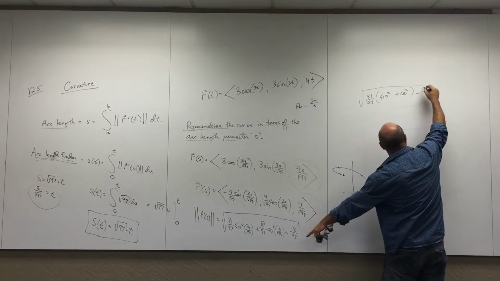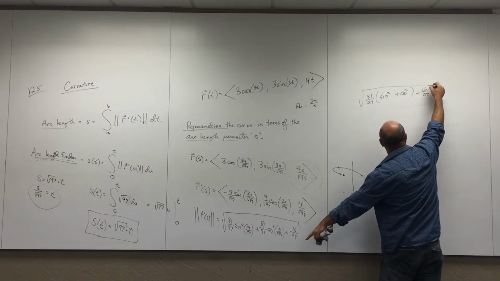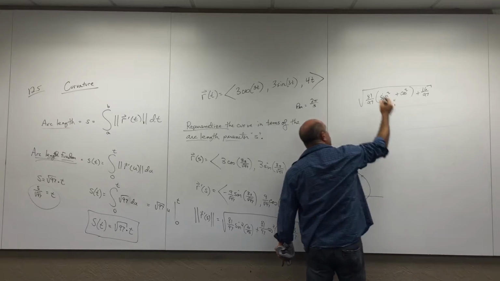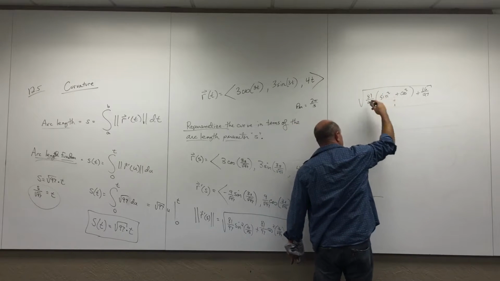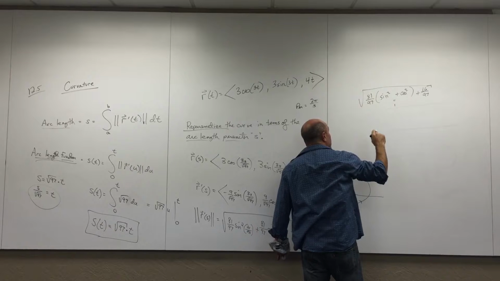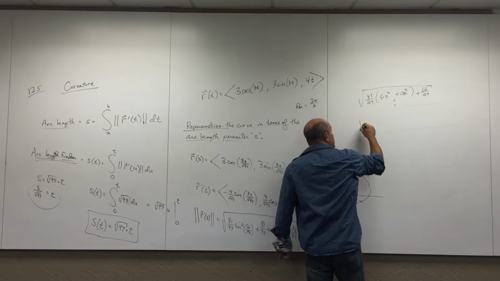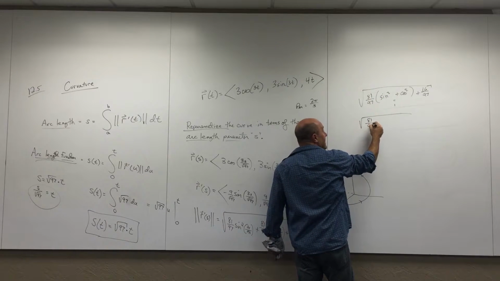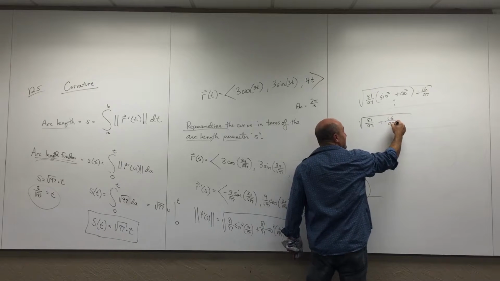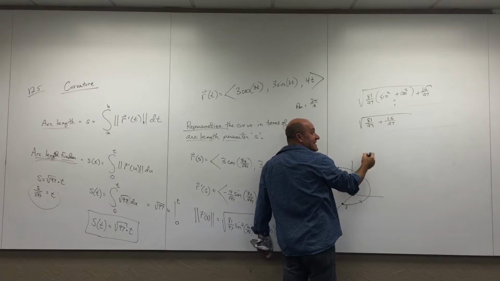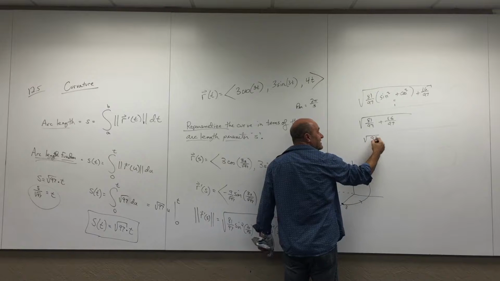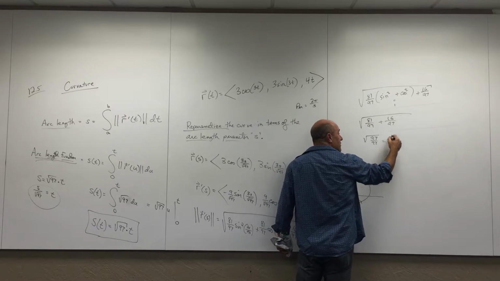Don't forget you have this 16 over 97 over here. But that's a 1 times this. You have to make sure you understand this algebra here. I've seen students screw it up. It's a 1 times this, so I'm left with 81 over 97 plus 16 over 97. 81 plus 16 is 97 over 97, which is a 1. Can you tell me the square root of 1?